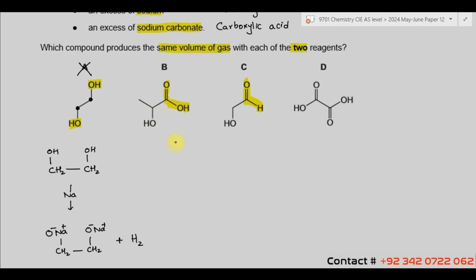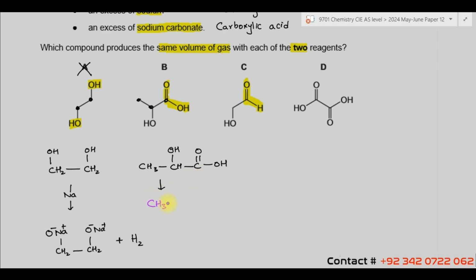Part B, we have 3 carbons, CH3, CH(OH) with OH on the second carbon, then we have COOH. Let's first react with sodium, then with sodium carbonate.